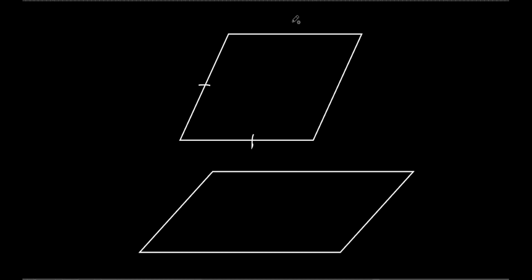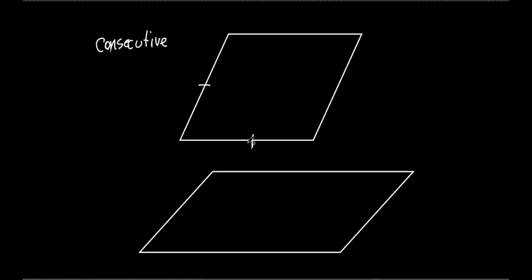Not this one and this one. The top one and the bottom one wouldn't be consecutive sides. They'd be opposite sides. So this side right here and this one right next to it, they connect. They would be consecutive sides. So if two consecutive sides of a parallelogram are equal to each other, then what do you think is true about this? It's a rhombus.